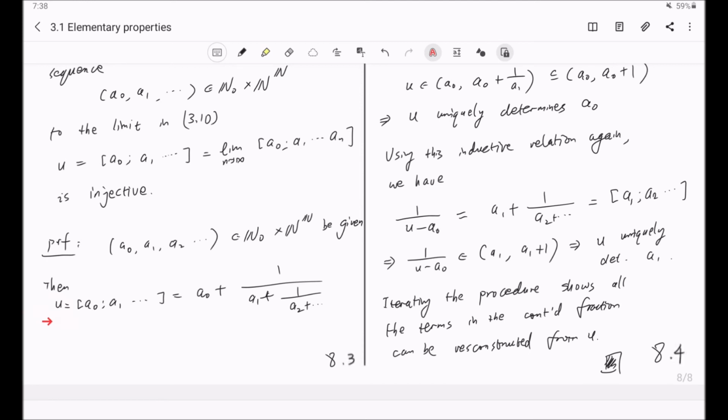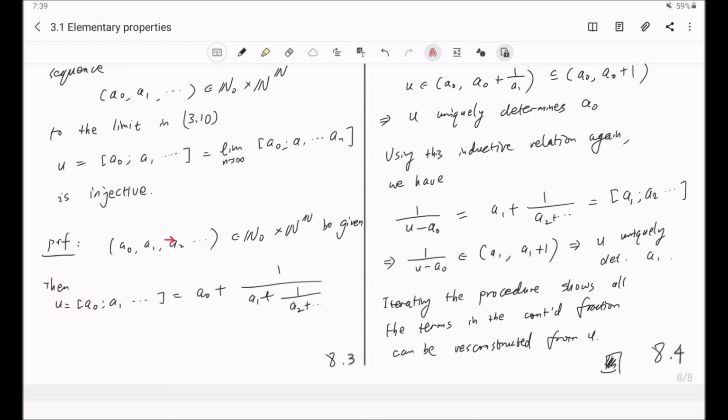But if u is an irrational number, in which case you get an infinite sequence, although you know that the sequence must converge by our previous result, and you know that sequence is constructed from u, you cannot conclude easily that the sequence necessarily converges to the given irrational number u.